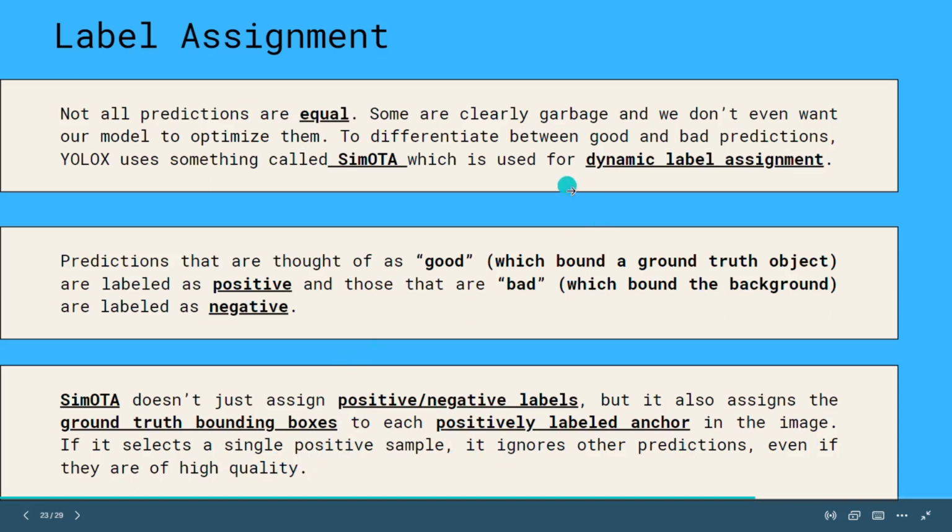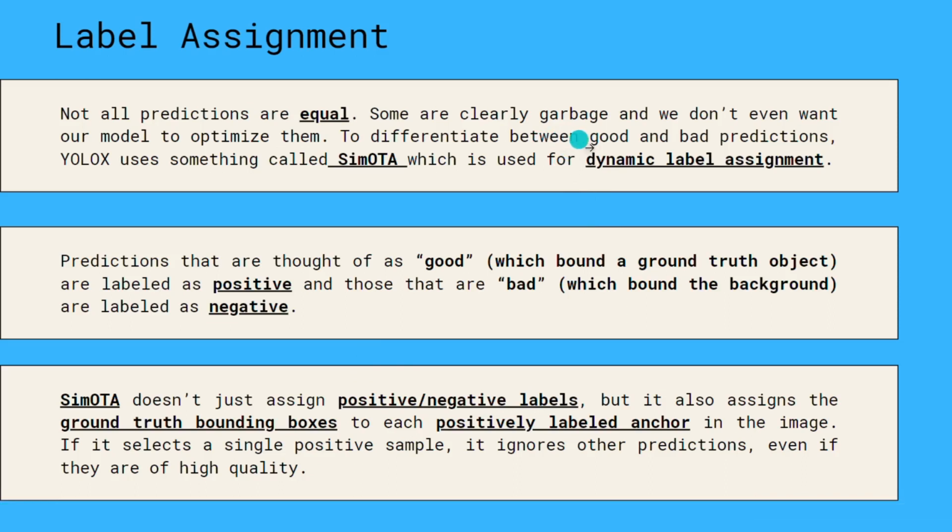So one way to address this problem, or the class imbalance problem, is to use an approach known as dynamic label assignment. And what they did was not just assigning positive and negative labels, but also associating those positively labeled anchors with the ground truth bounding boxes.